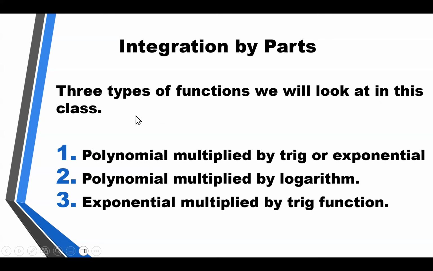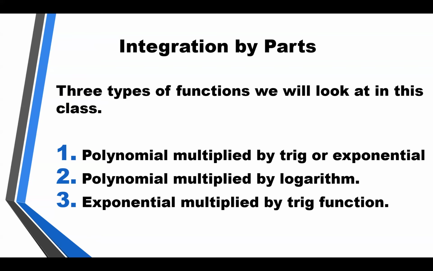Now, there's lots of different options for integration by parts. In this class, we'll look at three basic types. One of the basic types is when we have a polynomial multiplied by a trig function or a polynomial multiplied by an exponential function. A second type is when we have a polynomial multiplied by a logarithm, specifically the natural log.